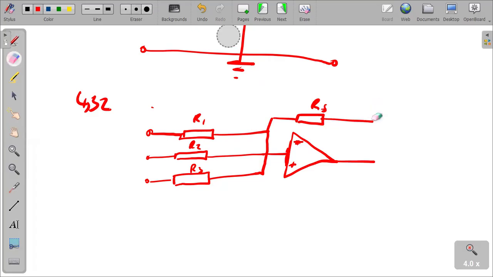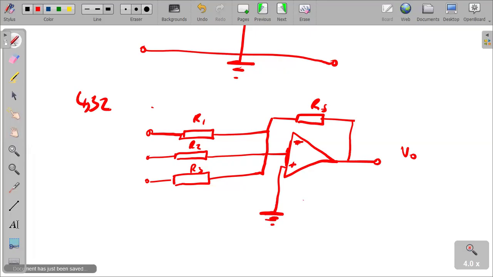That's the feedback, and apparently it's a negative feedback. And then we have V out, and then of course it's grounded. So we ground it. We have the earth, the virtual earth. That's our virtual earth there.